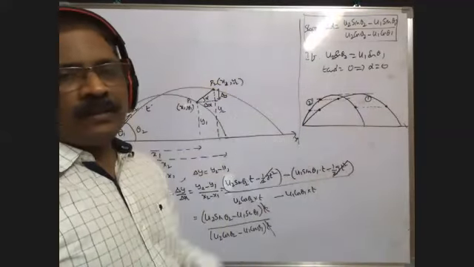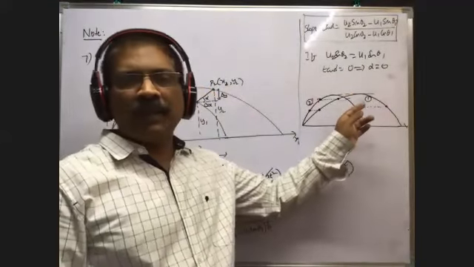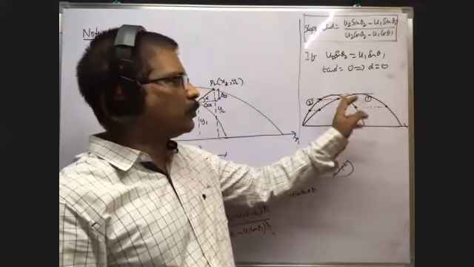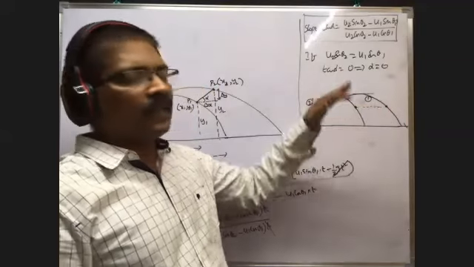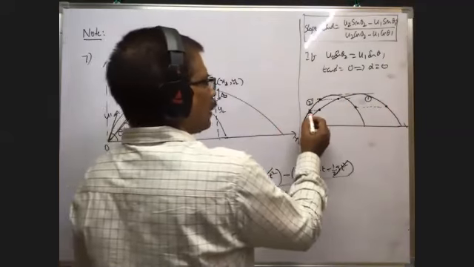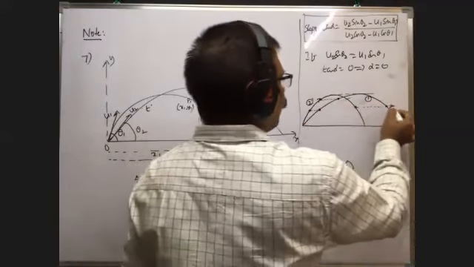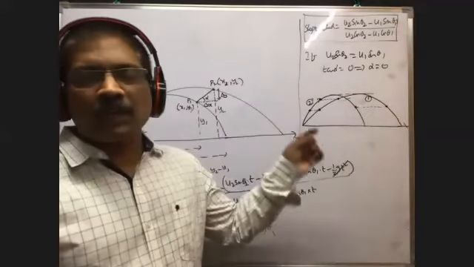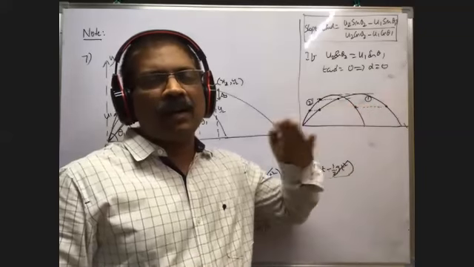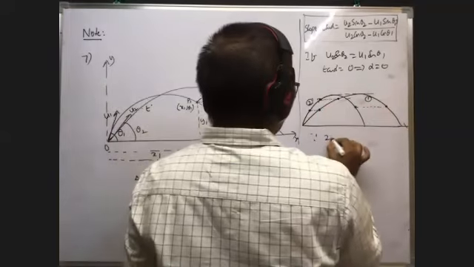That's why when the second projectile is seen from the first projectile, along the vertical direction there is no separation. But along the horizontal direction, initially the separation is small, and as time lapses the separation becomes more. That means when you see the second projectile with respect to the first, it seems to travel along the horizontal direction.